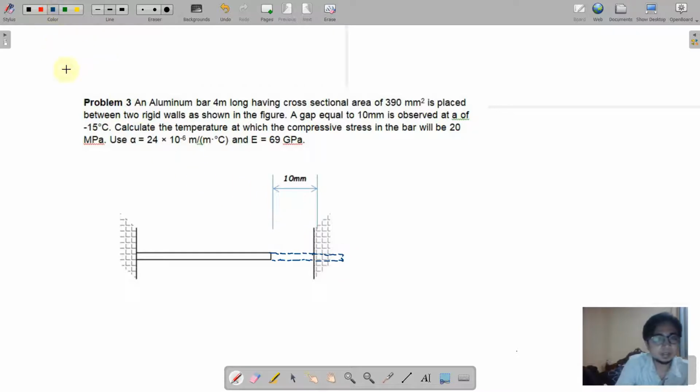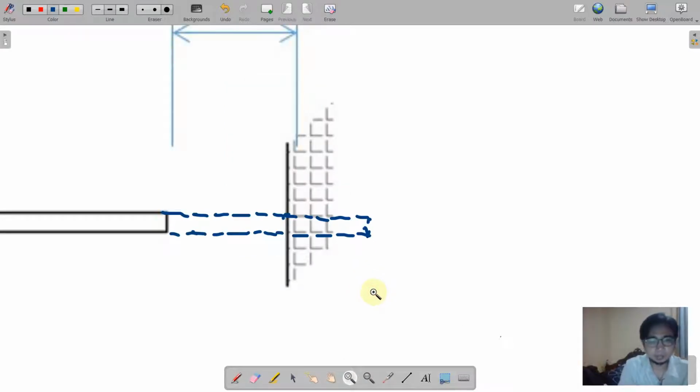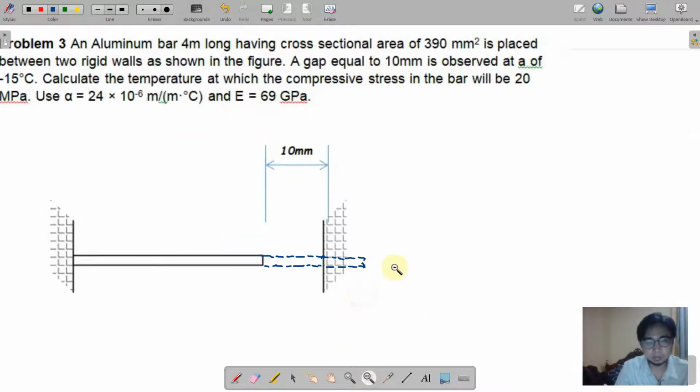So this will now be labeled as delta due to temperature.